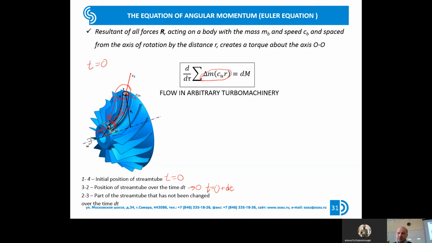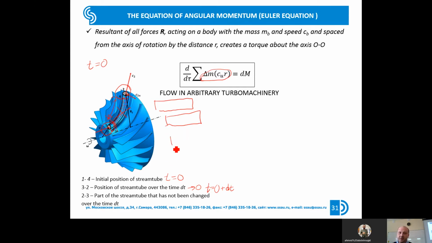If we look at the first small part of the tube, you can see that at the first moment of time it was here, it was present, and after time dt it disappears, because in reality at the first moment we have the tube, and at the last moment we have the tube like this.